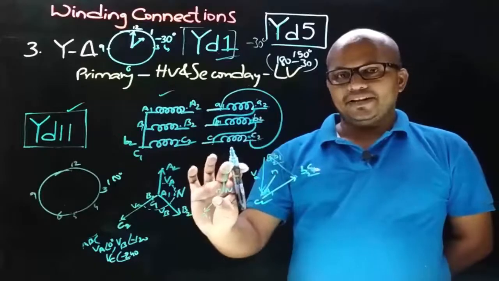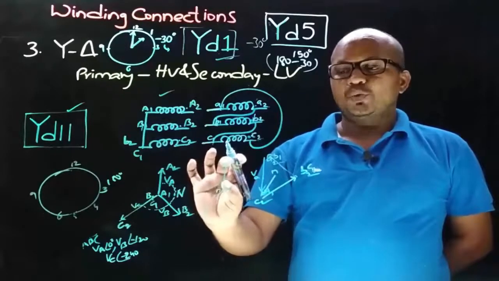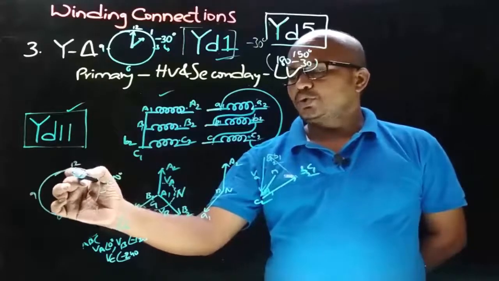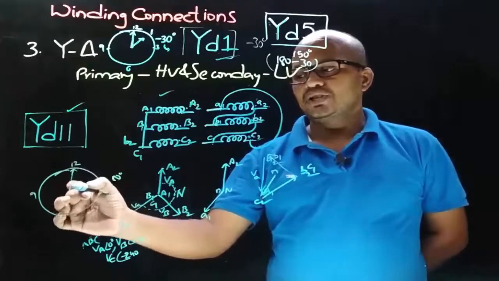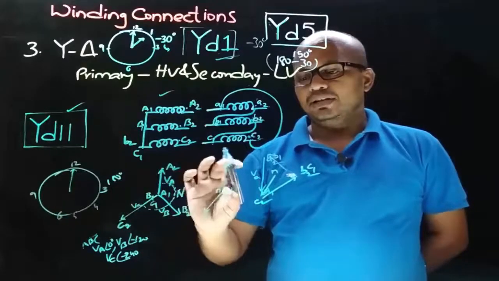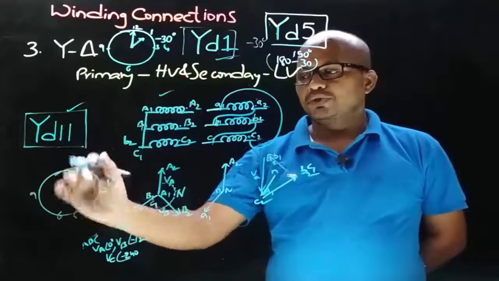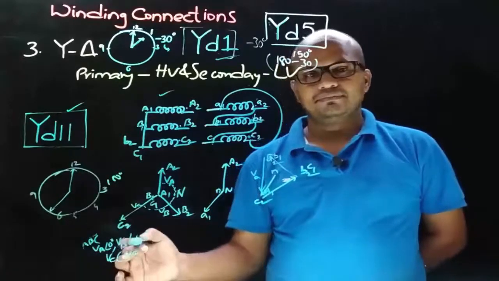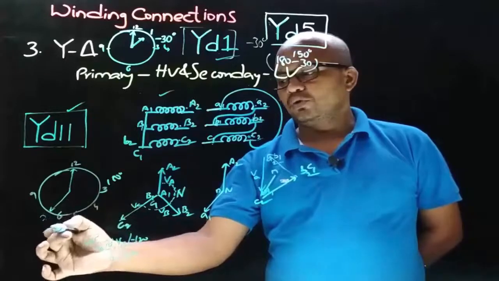Therefore place this diagram in a clock such that the primary side phase to neutral voltage points towards 12, because primary side phase to neutral voltage is always taken as reference, which is why it is always shown pointing towards 12. If you place this diagram such that the phase to neutral voltage is pointing towards 12, then the diagram will look like this, and this represents 7 o'clock.